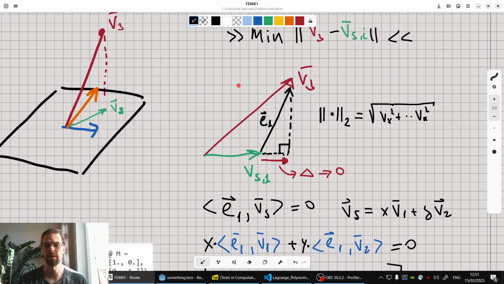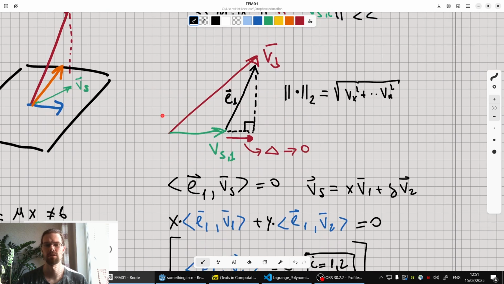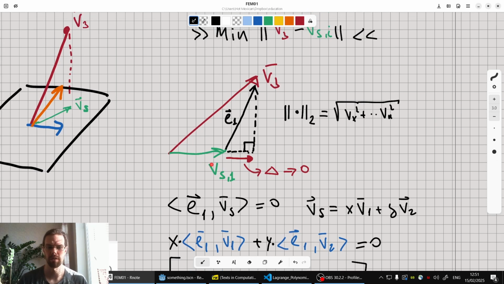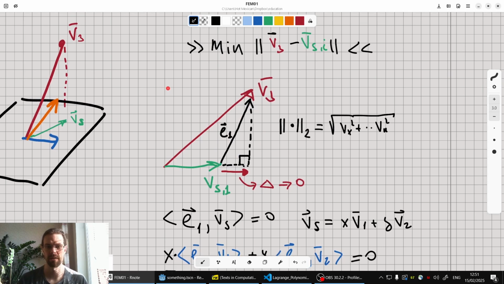This can be either a two-dimensional problem or a view from the side of this. So we pick some test vector, test solution vs. We construct this error, and it creates this right angle triangle.